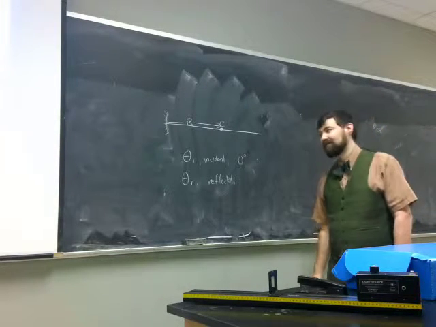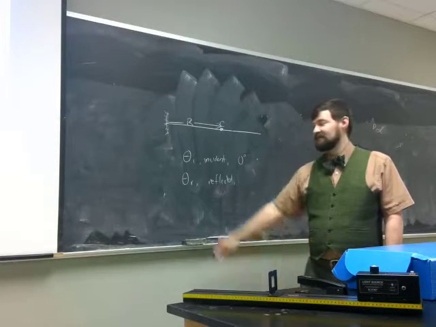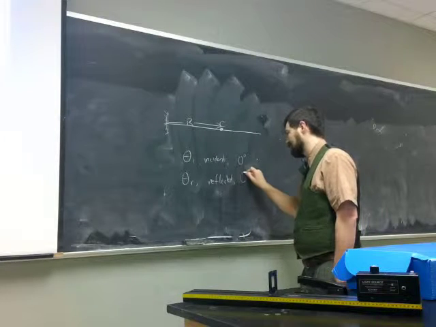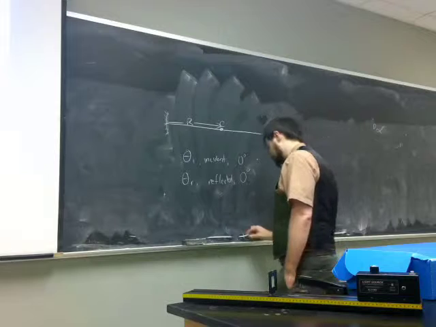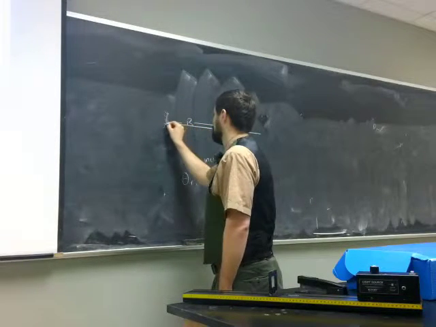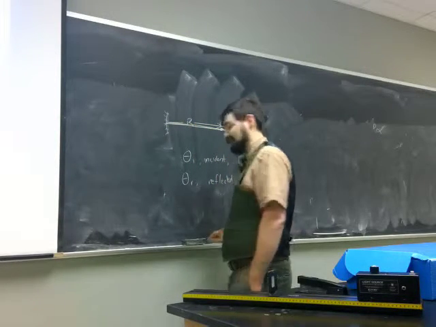It has to obey the law of reflection. And the law of reflection says that this angle and this angle should be equal. So this one also ends up being 0 degrees. That means that the ray basically would do this. It would come in like this, it would hit here, and it would bounce back right along that axis again.